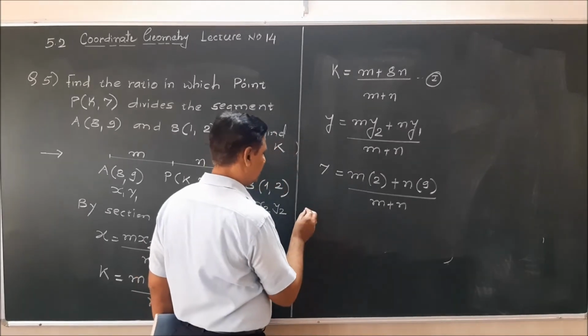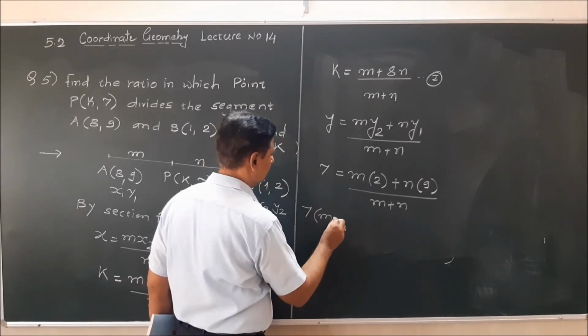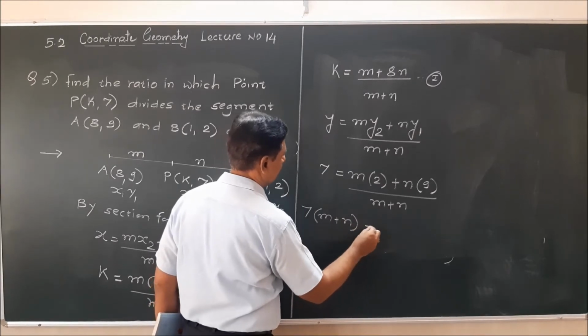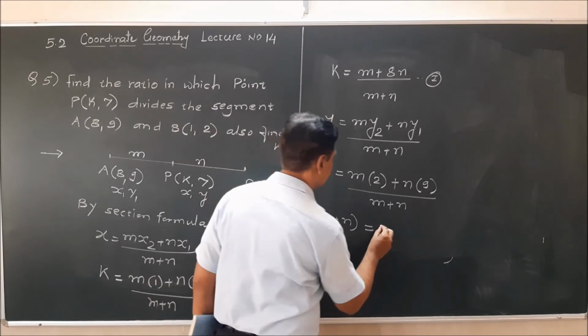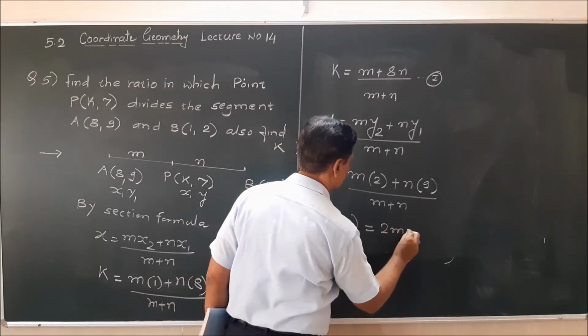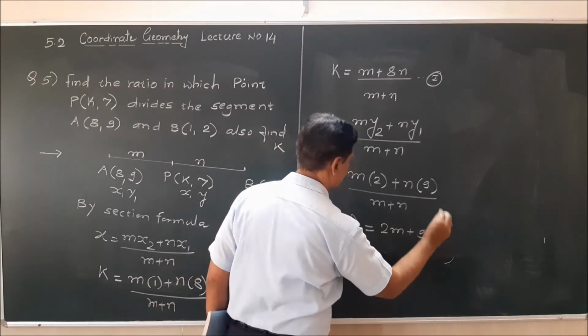So in this case, 7 into bracket, I transfer m plus n to the left hand side. Then I'll get 2m plus 9n.